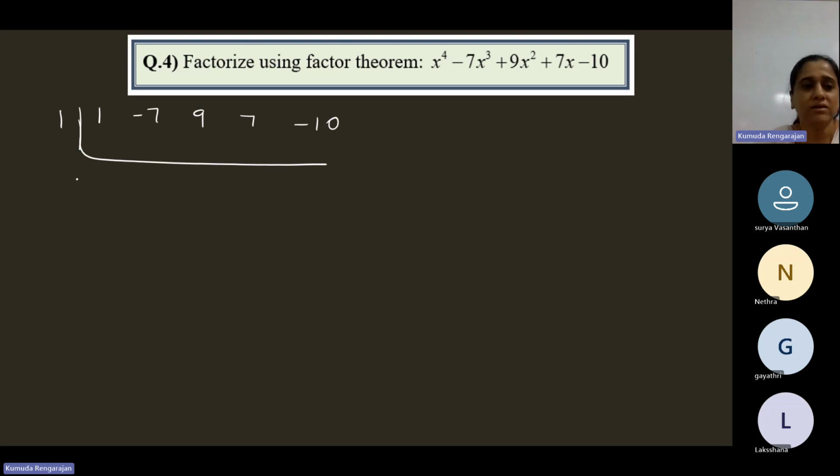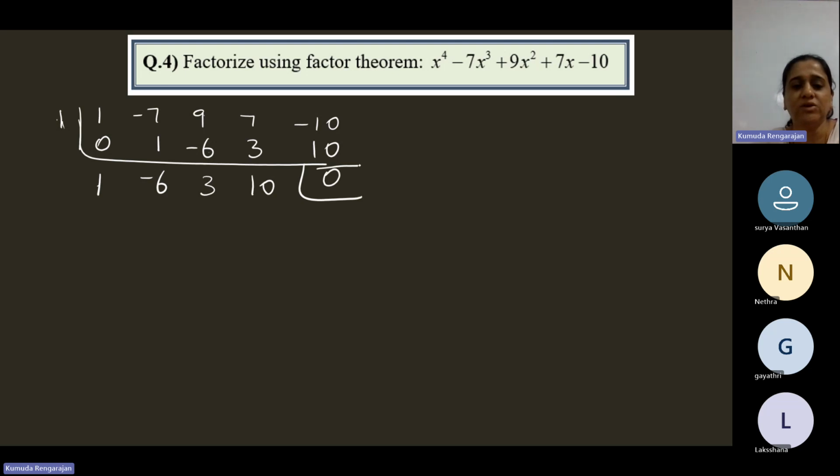We'll just try 1. 0, 1 and 0 is 1. 1 into 1, 1. Minus 7 and plus 1 is minus 6. 1 into minus 6 is minus 6. 9 and minus 6 is 3. 1 into 3 is 3. 7 and 3 is 10. 1 into 10 is 10. Minus 10 plus 10, 0.